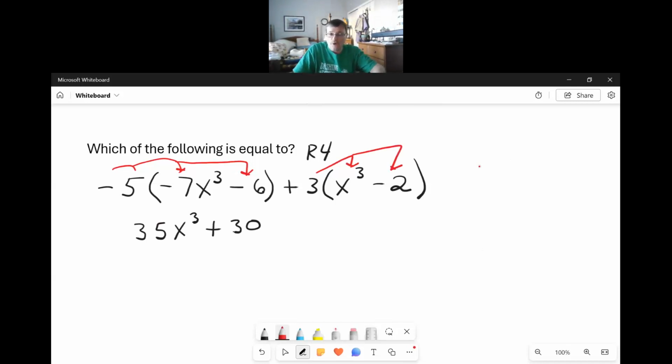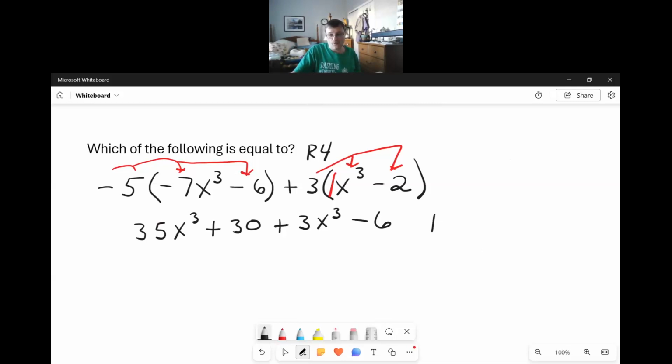Now remember, no coefficient, put a 1 in there. So now you got 3 times 1. This is positive, so it's plus 3 x to the third power. And 3 times negative 2, signs are different, automatic negative, negative 6. Okay, that's it. Rule 4 is done.